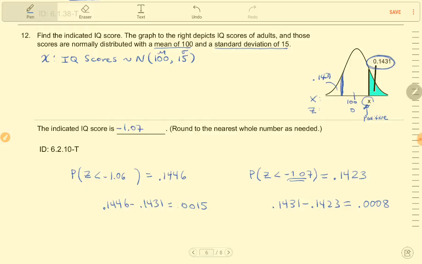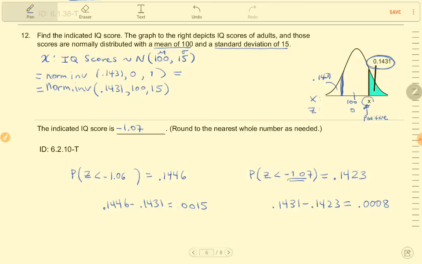But I'm also going to use inverse norm, or norm.inverse, in my Excel. And I'm going to put in the area of 0.1431, the mean of 100, the standard deviation of 15. And I'm also going to do it with a mean of 0 and a standard deviation of 1, so I can see if the z-score is right.